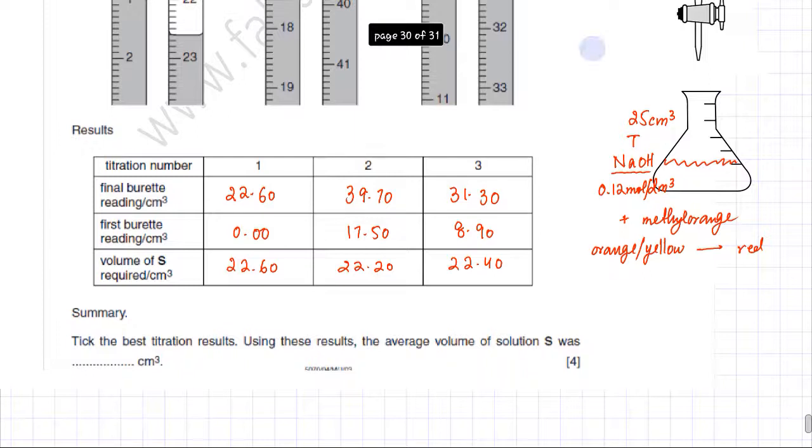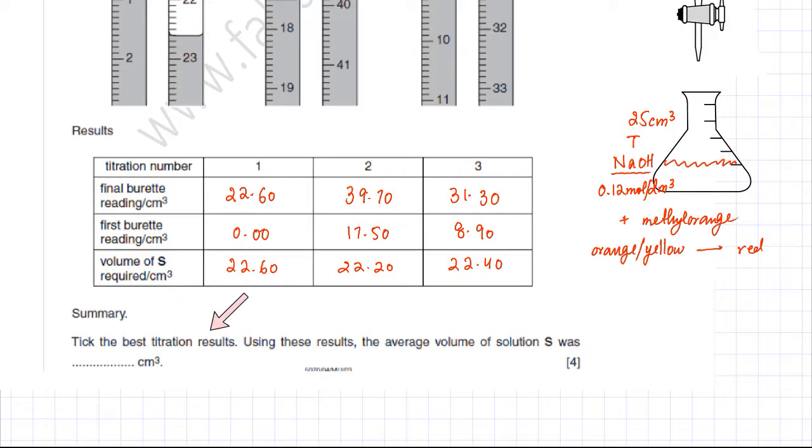So in the next part, I now have to take the best titration results. Remember, the best titration results are the ones that would be close together. So these two values are very close to each other. This one is slightly off. So these two would be my best titration results. And the average volume of S that would be used in this titration is going to be the average of my best titration results.